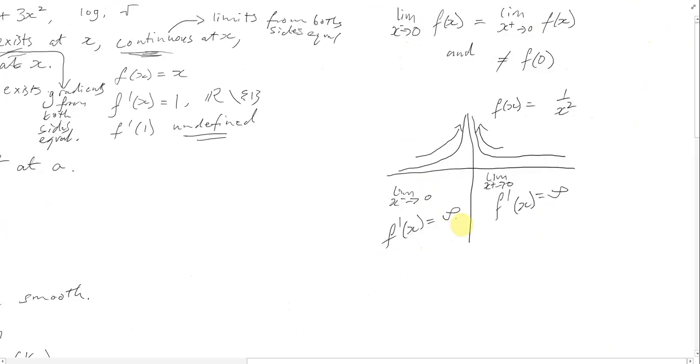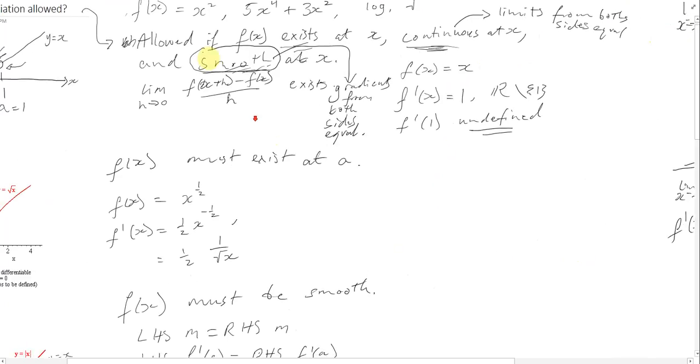They're both infinite, they're the same, but the function at 0 is undefined, because you can't divide by 0. So here's an example where the left and right-hand side limits are equal, but the function doesn't exist at that point. And that's why we need all three of these conditions: the existence one, the limits one, and the smoothness one about gradients.